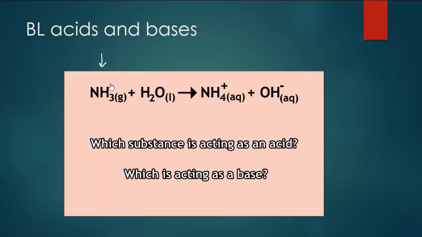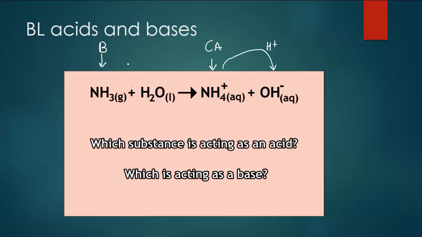Look at NH3. What is closest to looking like NH3 in the product side? NH4 plus. Does NH4 plus have a missing hydrogen, or does it have an extra H plus? So that means that NH3 gains an H plus, making it a base, and what it becomes on the other side is called a conjugate acid, because now it can give the hydrogen plus away.